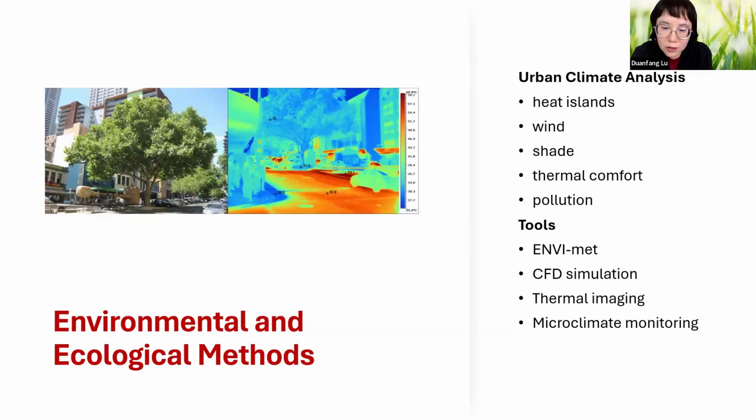And for example, you could use thermal imaging to show that when a neighborhood doesn't have that many trees, the temperature can be much higher in comparison to another neighborhood with a lot of trees. So by doing your microclimate evaluation, you might justify your proposal of planting more trees in the area.